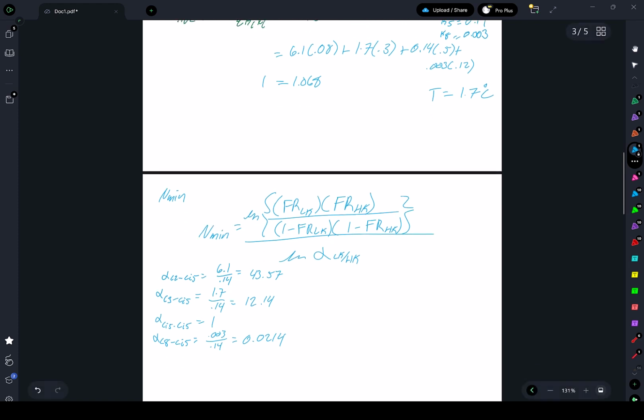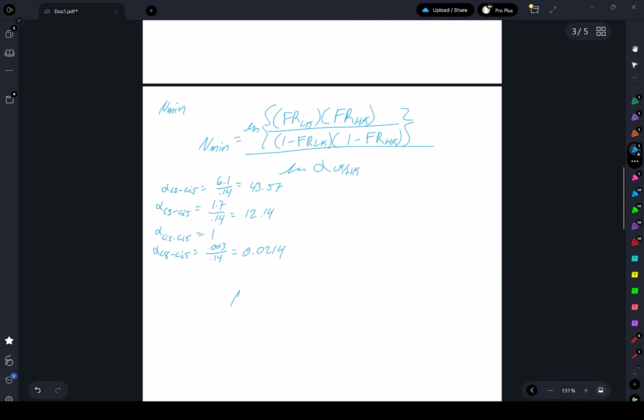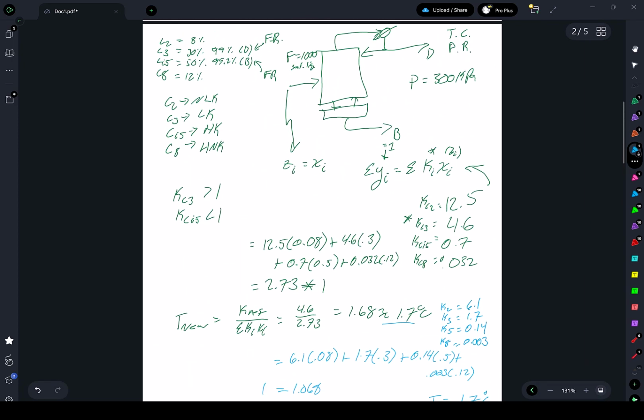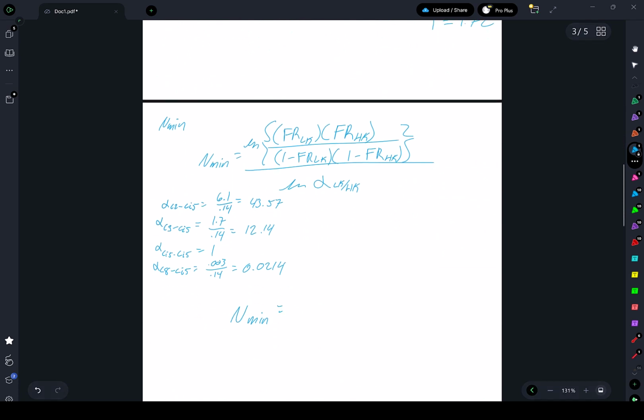So now we can just easily plug into this equation and figure out our minimum number of trays. The hard part is over. So this is just going to be the fractional recovery of our light key, which we said was, going back over here, 0.99, times 0.992, our heavy key.